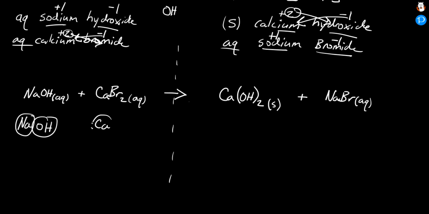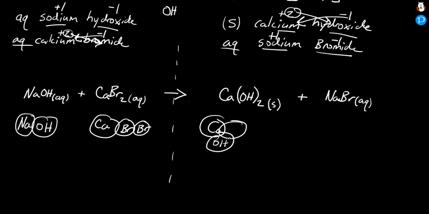CaBr2, I'm going to draw it the same way. 1 calcium with 2 bromines. And then over here, 1 calcium with 2 hydroxides. And then this, 1 sodium with 1 bromine. And so I'm going to balance it by using these particle diagrams to see that I have the same number on each side.